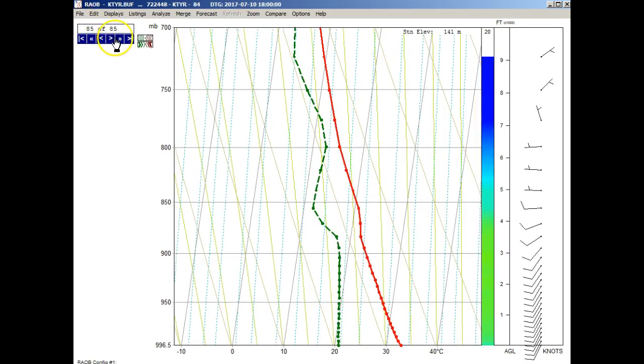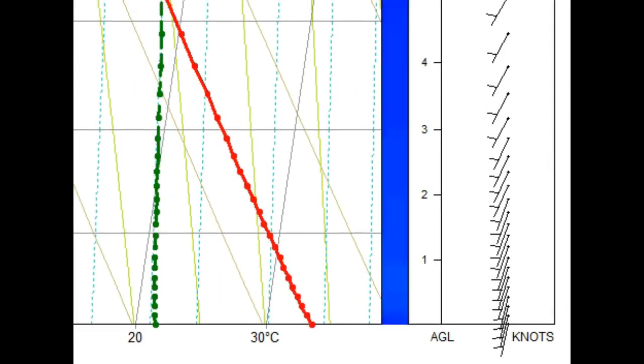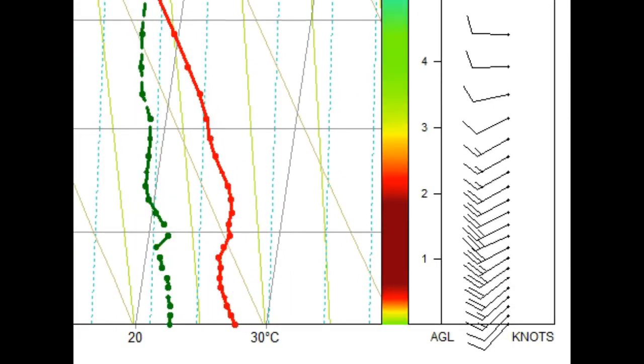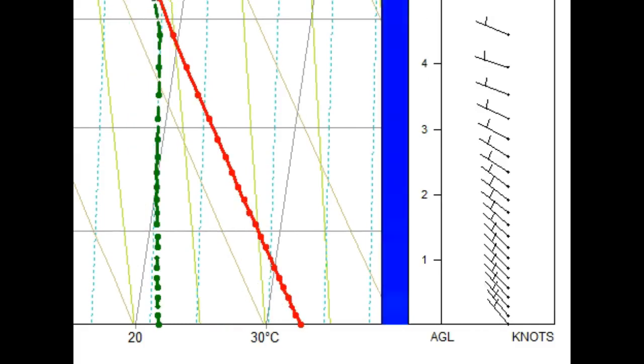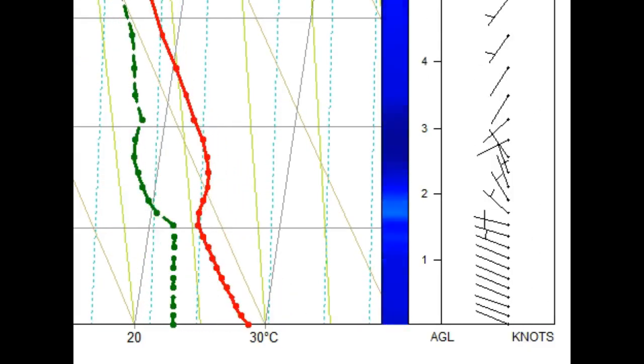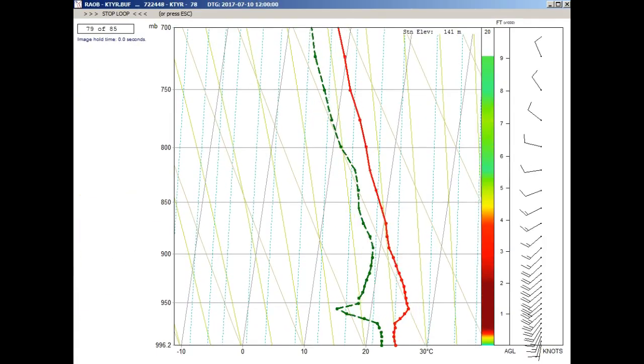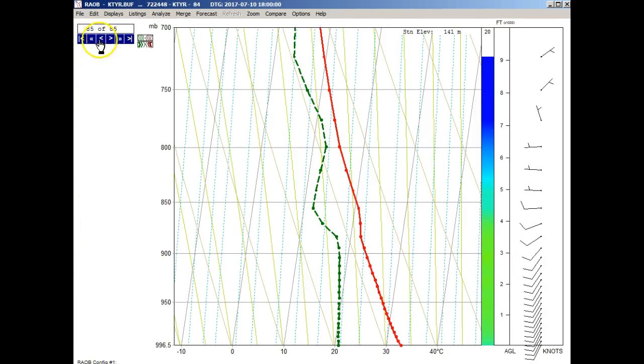And let's see that again. And so this completes the demonstration of the WindSpeed Colorbar display option.